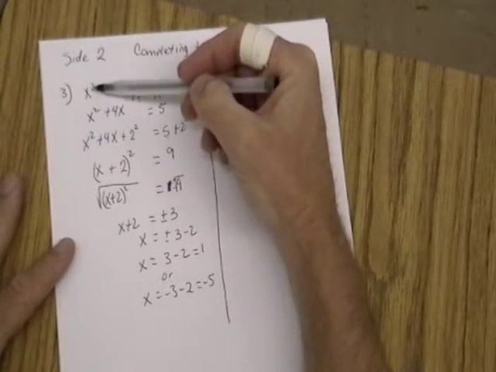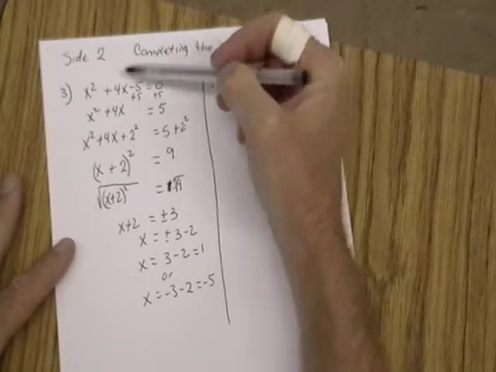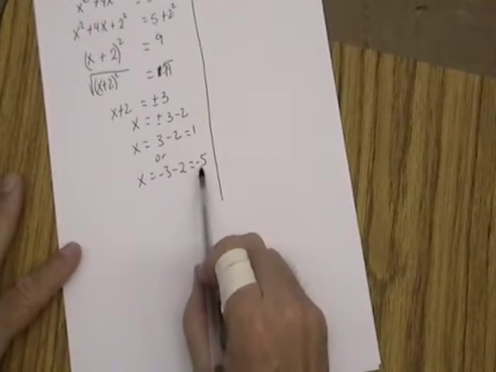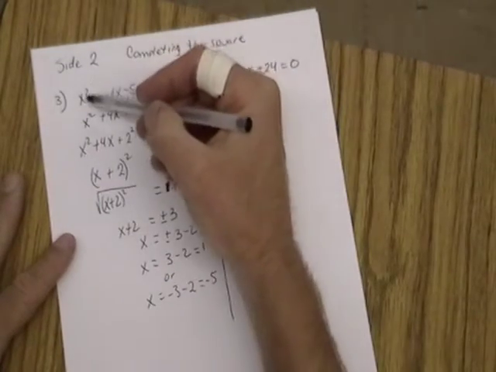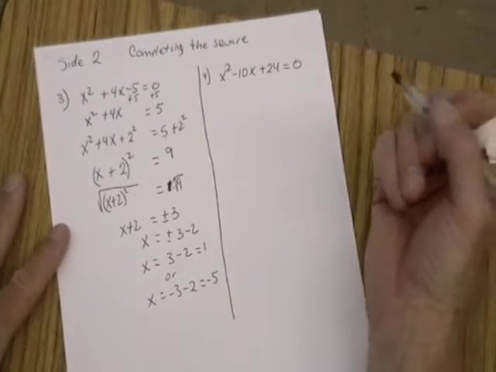And then to check that, if you put the 1 up here, you have 1 squared is 1, plus 4, which is 5. 5 minus 5 is 0. If you take the negative 5, you get negative 5 squared, which is 25.